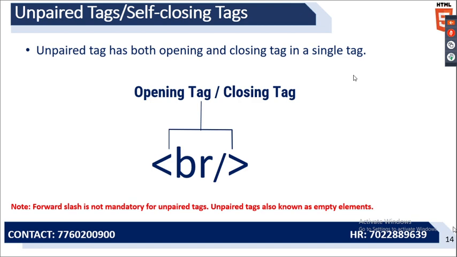Don't ask me, sir, why this image is added, or how this is added. This is a different tag, this is a different tag. For everything, we have different tags.